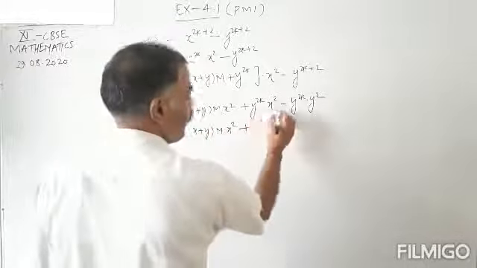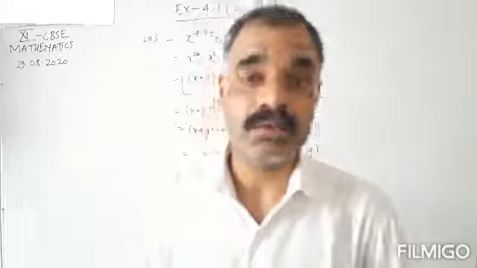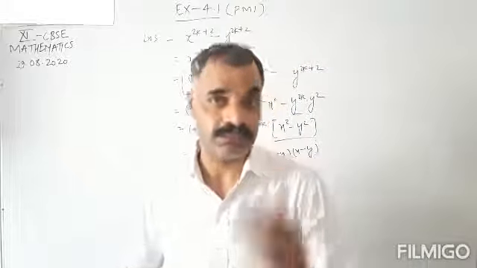And again, x plus y into m into x square plus y to the power 2k into, factorizing this, we have x plus y and x minus y. You know very well the factorization of x square minus y square is x plus y and x minus y.